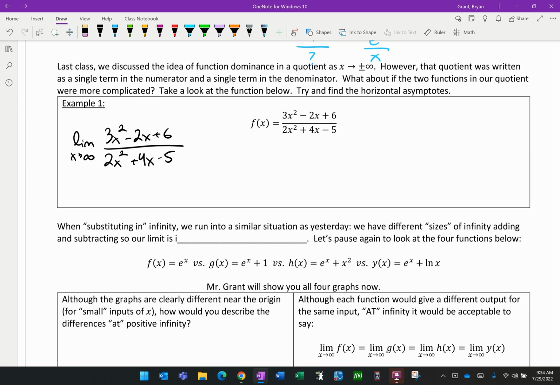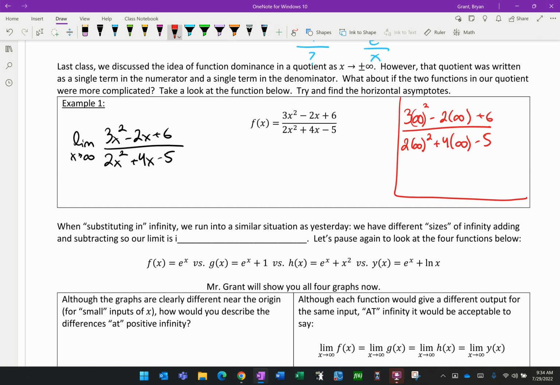Well, you might say, let's use that little thinking corner from the other day and just substitute infinity. So we get 3 times infinity squared minus 2 times infinity plus 6 over 2 times infinity squared plus 4 times infinity minus 5. Uh-oh, this is going to have some issues.